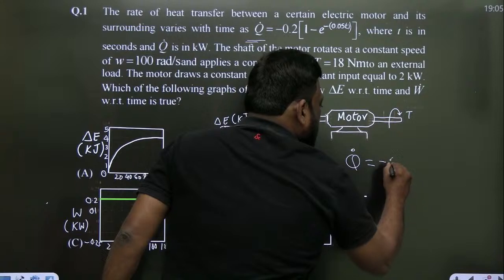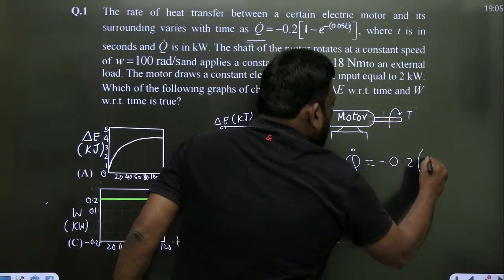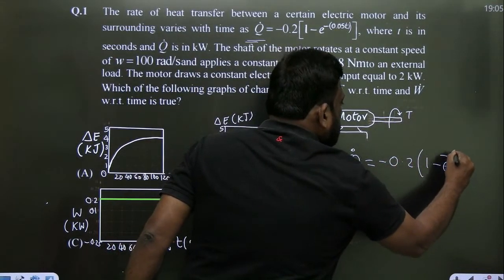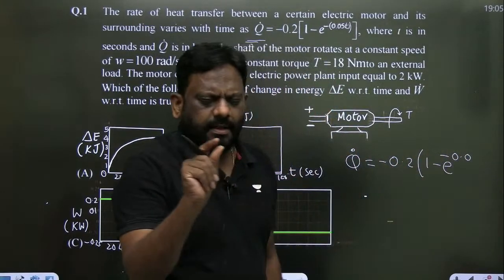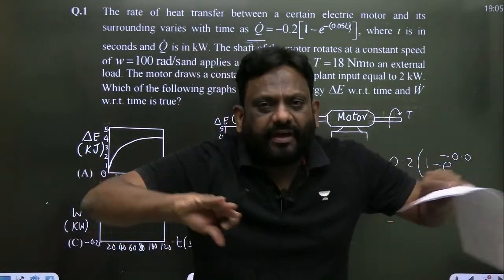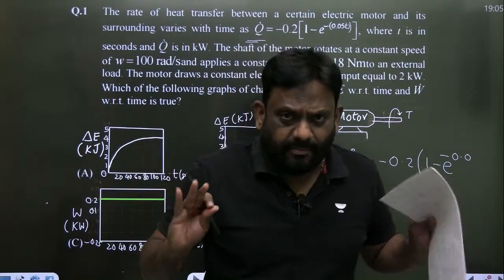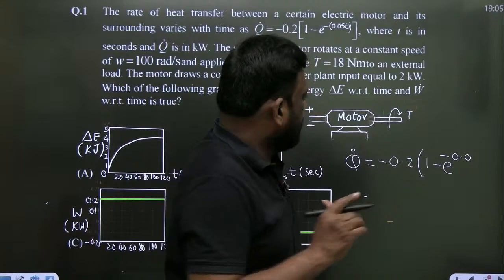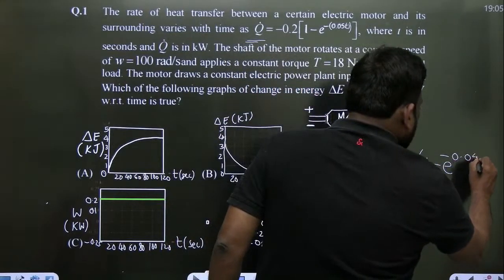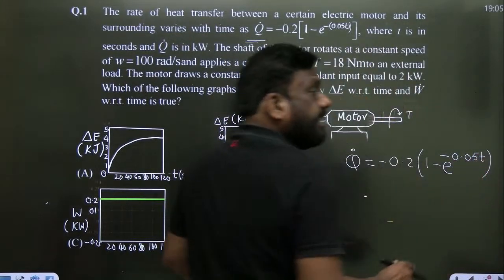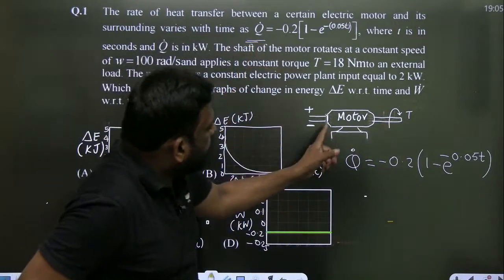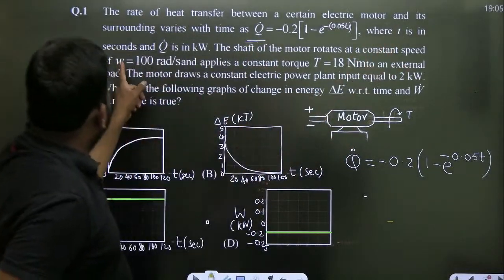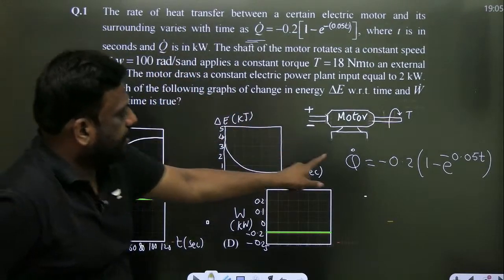It is given as minus 0.2 into (1 minus e to the power minus 0.05t). I tried my level best to include all varieties, so that all concepts get brushed up. Don't be scared on seeing the question. This is the heat transfer from the motor, where t is the time in seconds and Q dot is in kilowatt.